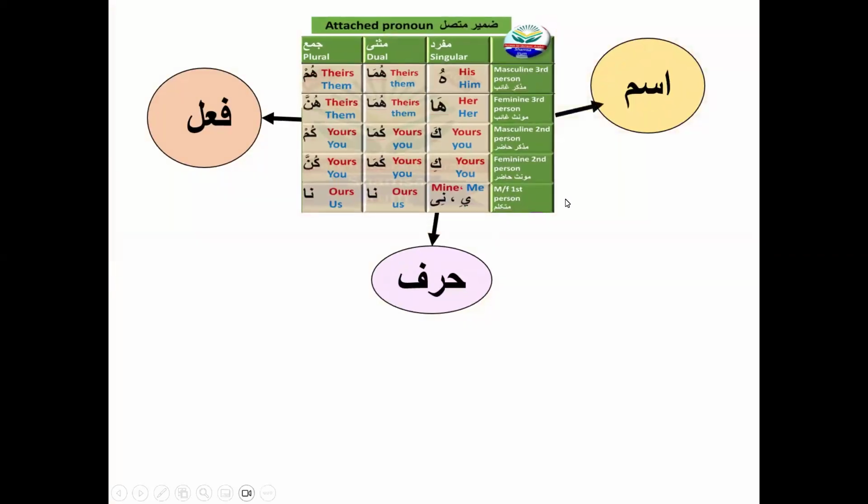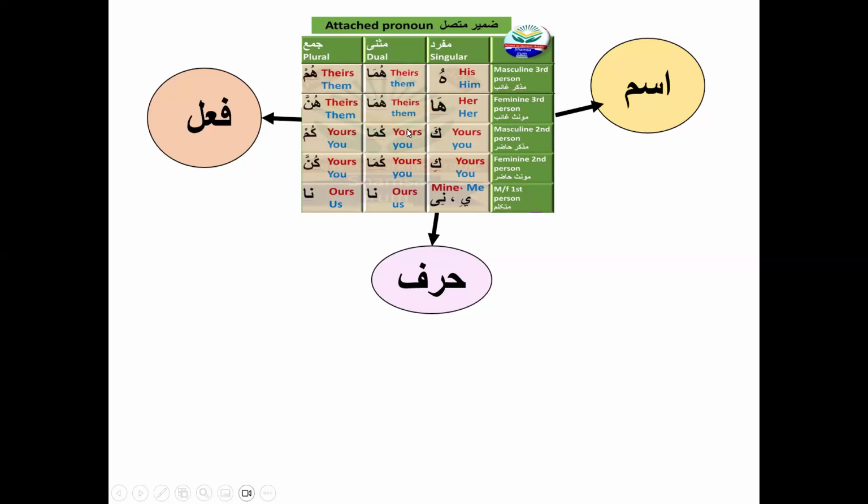At this point I want to remind you of the first slide of the first lecture, where I explained the parts of speech in Arabic, or the types of words. There are three types: ism, fi'l, and harf. These pronouns can be attached with ism, with a verb, and with the particles.